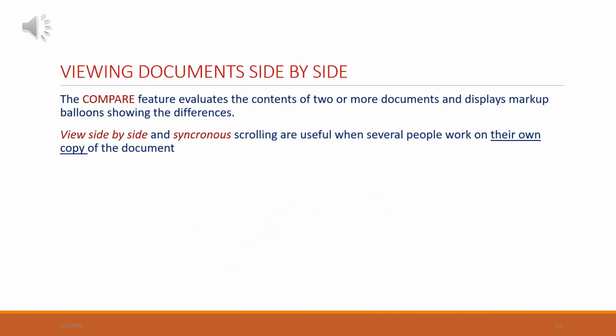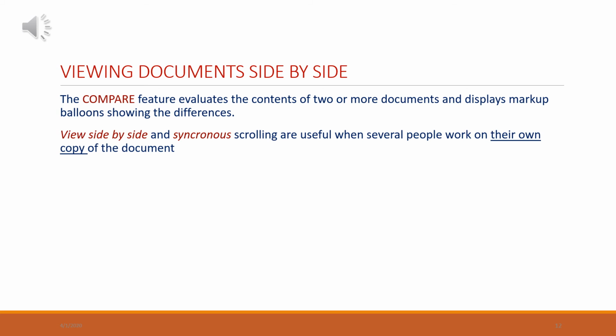One more option, admittedly rather rarely used, is the compare feature. When you have two different versions of a file, which happens when you do not use track changes, actually. Track changes is there exactly to avoid that you have to compare two different files.